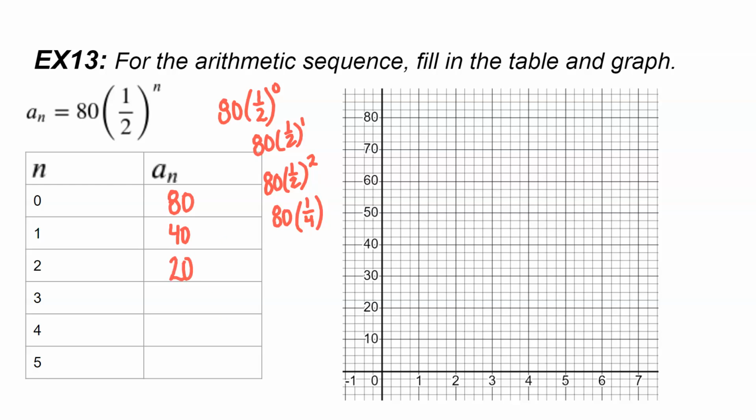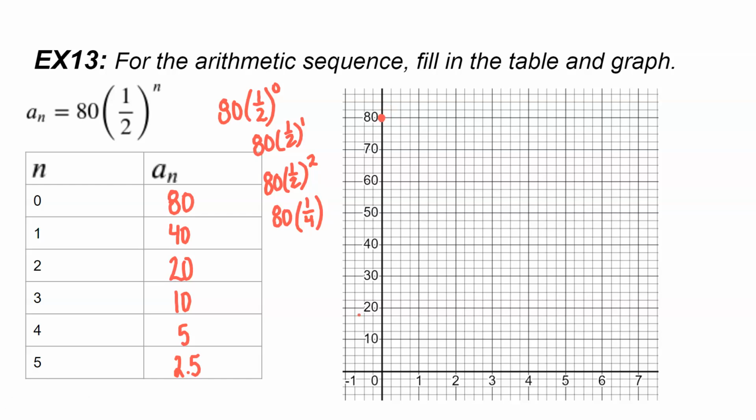Now, you should see a pattern in our y values. Such a good pattern that we could probably keep on going with this without actually having to plug the numbers in. What do you think the next one's going to be? It's going to be 10, and then 5, and then 2.5. Because our common ratio there is 1/2. We're just multiplying by 1/2.